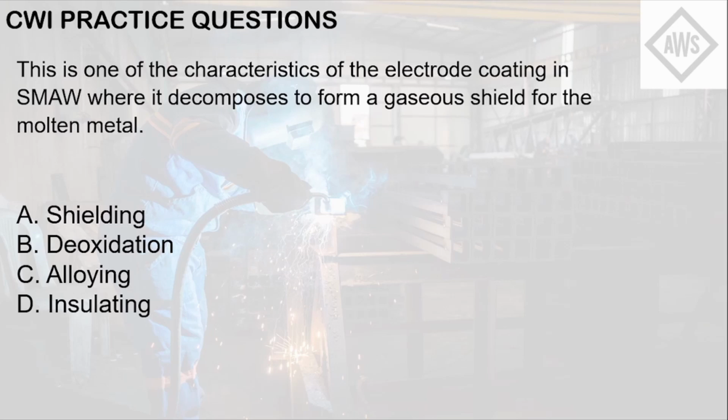So the answer here is letter A, shielding. It is the characteristic of the electrode coating where it decomposes to form a gaseous shield for the molten metal, for the purposes of protecting it from harmful gases that will embrittle the weld or cause unattended weld defects.